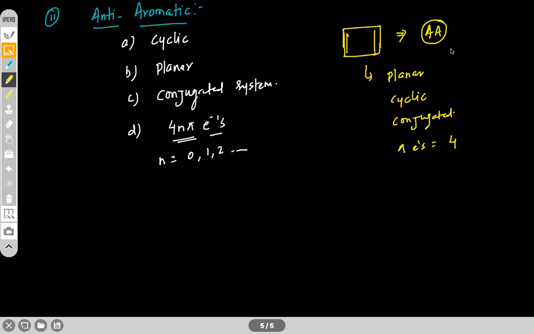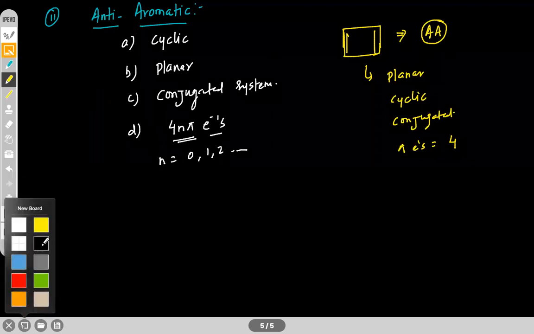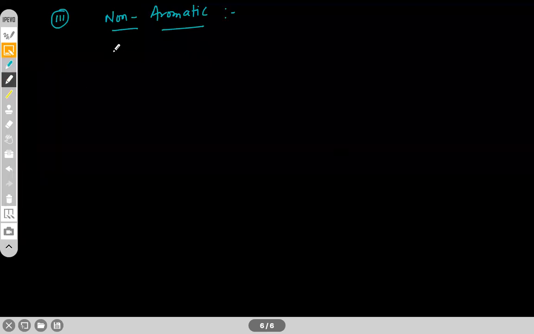But before that, we'll see one more type of compound we have, and that is the non-aromatic compound. Non-aromatic compounds are those compounds which are not cyclic.